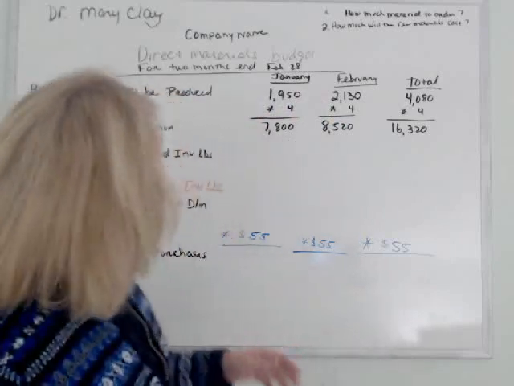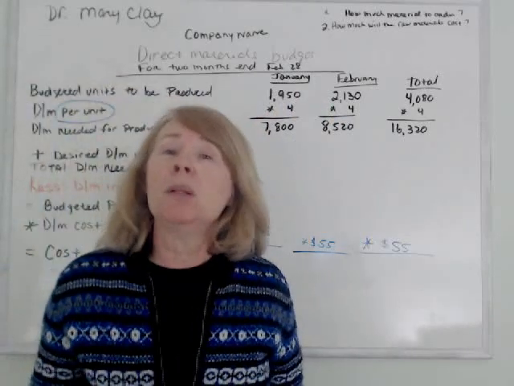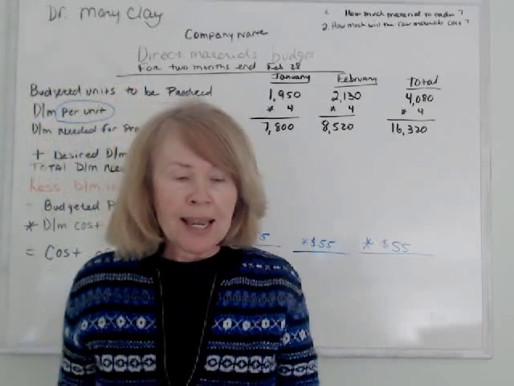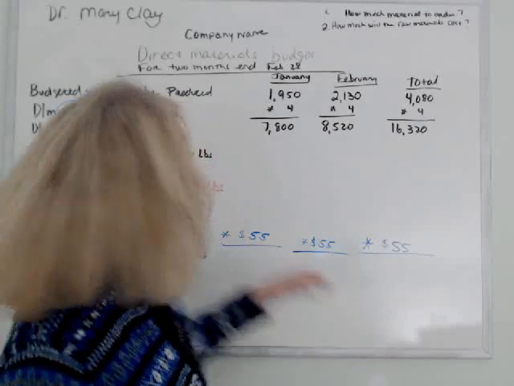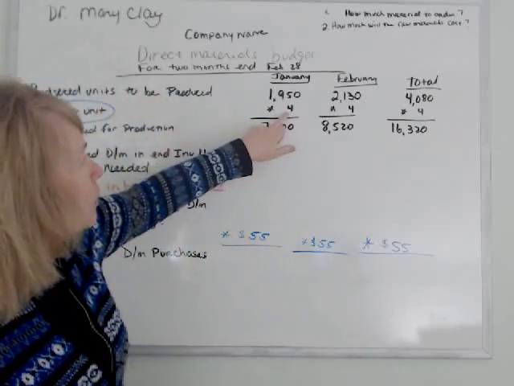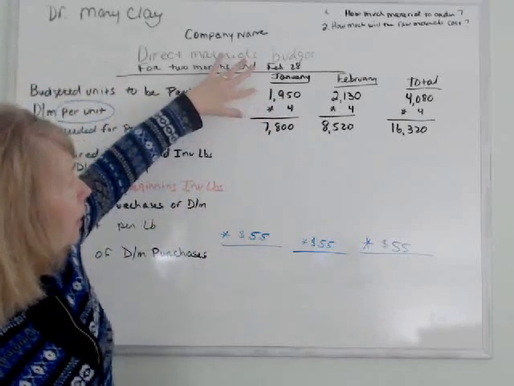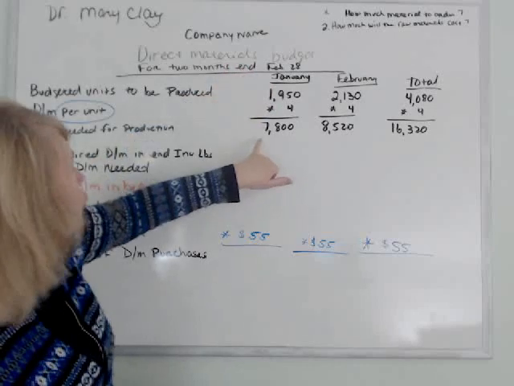Next, we're going to multiply this by the number of pounds. In this problem, the company budgets 4 pounds per unit. So I'm going to take those 4 pounds per unit and multiply it by the budgeted units to be produced. 1,950 times 4 for January.